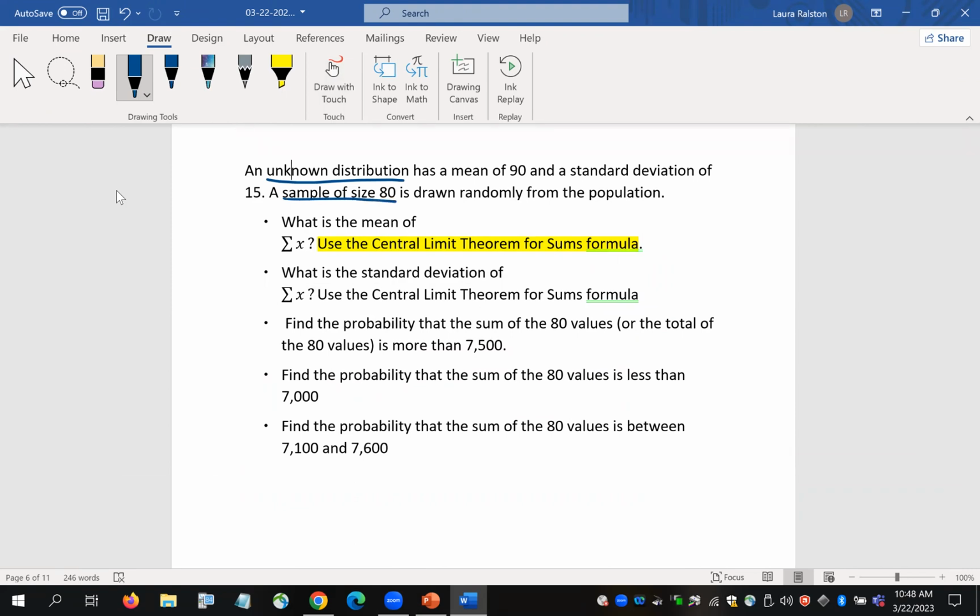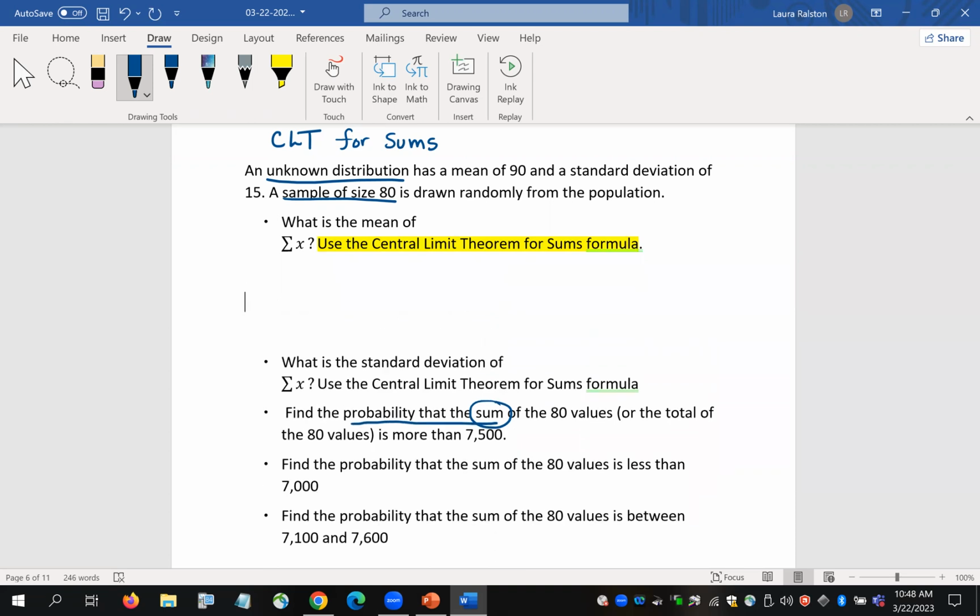And then when I get down to the question, it says find the probability that the sum. The fact that I have an unknown distribution is one clue that I want to apply the central limit theorem. The wording of the question about the probability of the sum tells me I want to apply the central limit theorem for the sums. But again, this question is worded nicely because it explicitly tells you to use that formula.